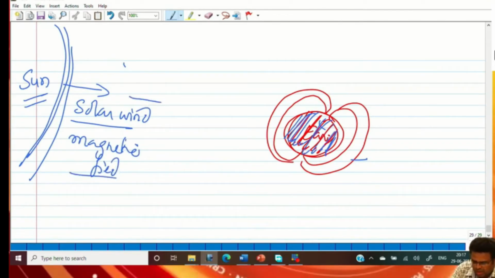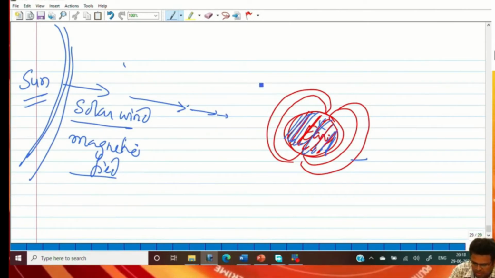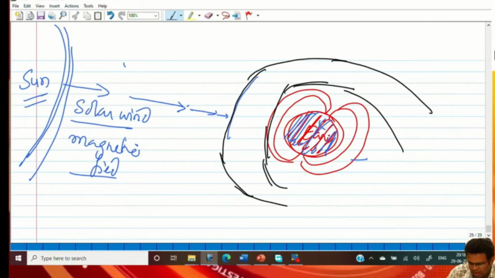When it comes towards the earth, it collides with the earth's magnetic field, the electromagnetic waves. So there is a collision, and in this region there is a formation due to the collision of the electromagnetic waves of the sun and of the earth.